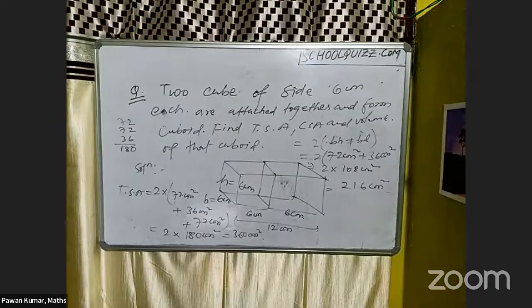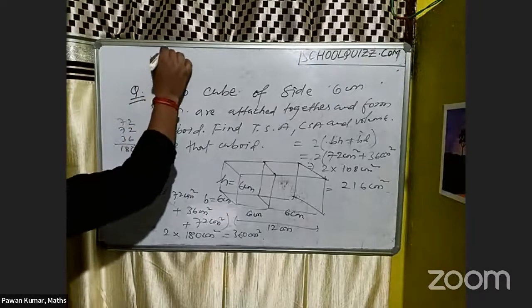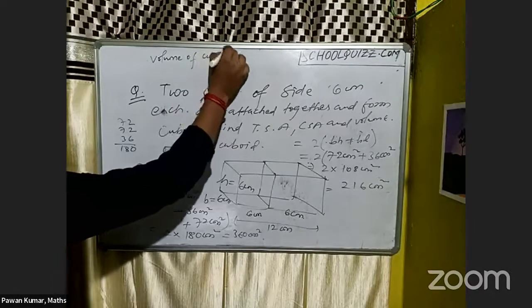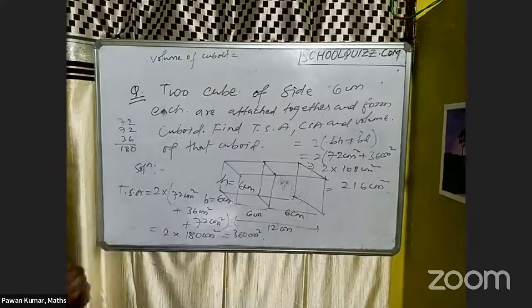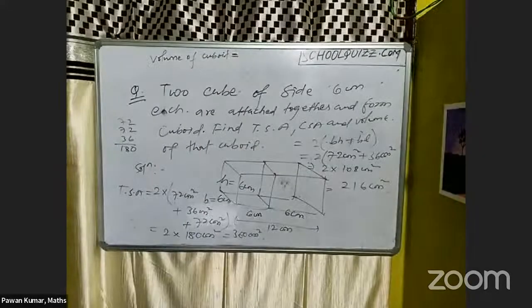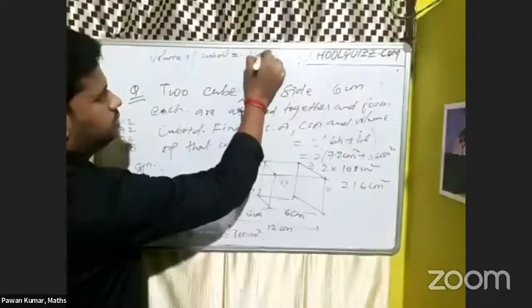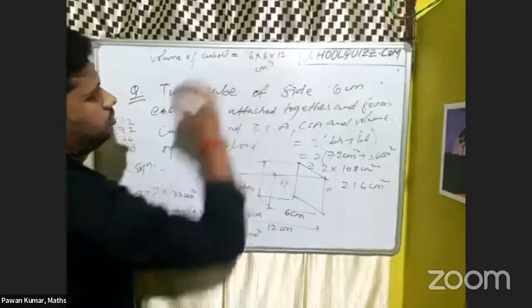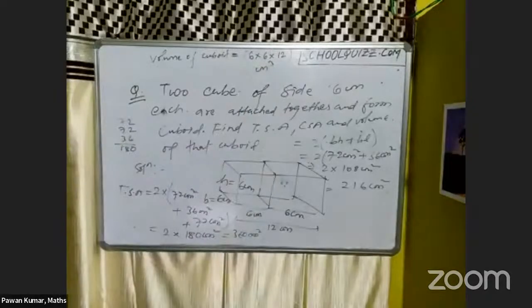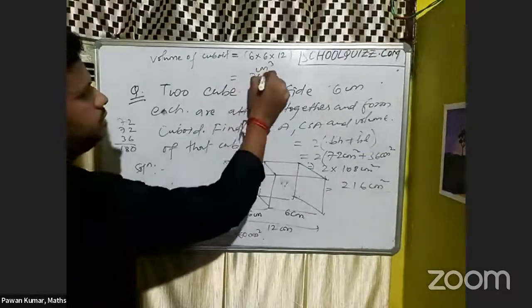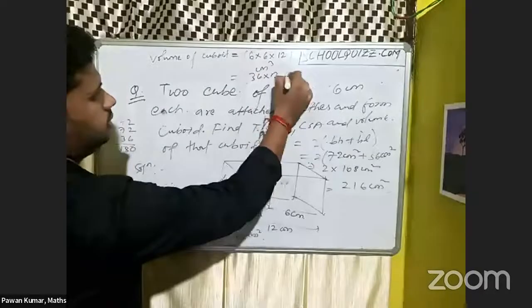Correct. So what is the volume of this cuboid? The volume of cuboid is 6 into 6 into 12 centimeter cube. So 6 into 6 is 36, into 12. So multiply this one, centimeter cube.